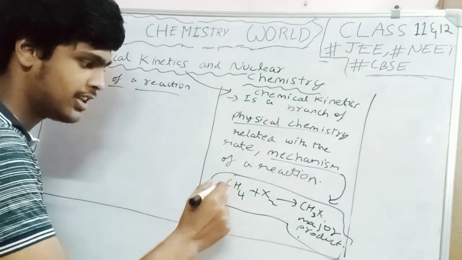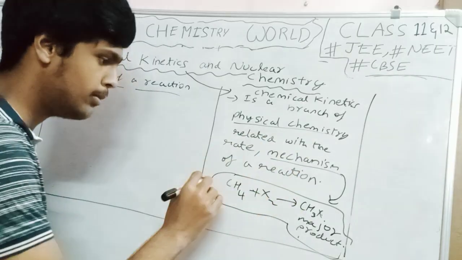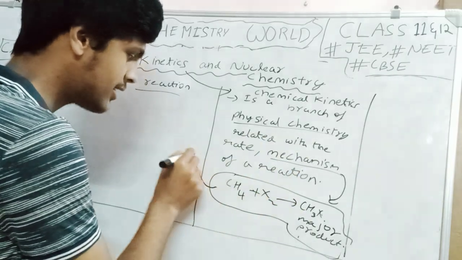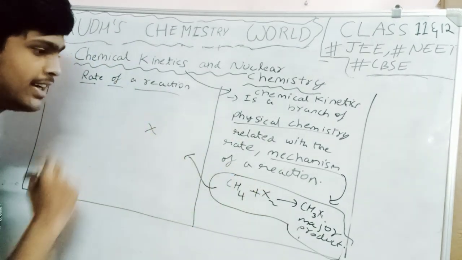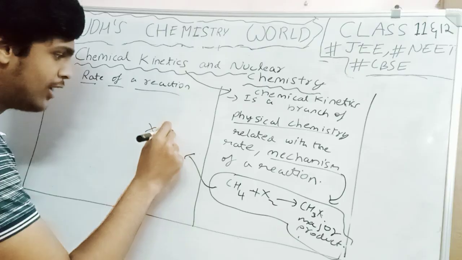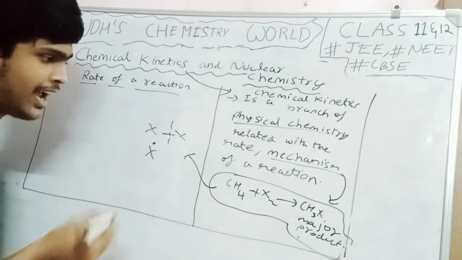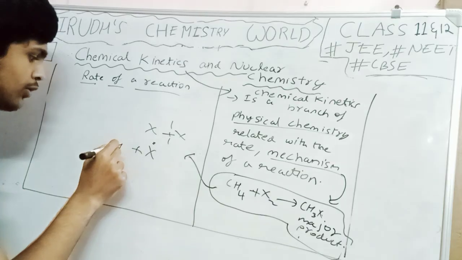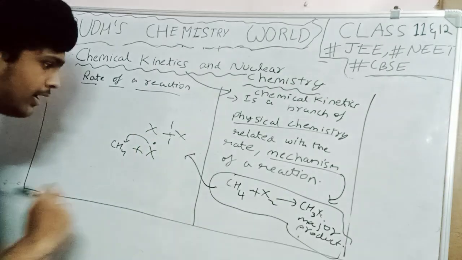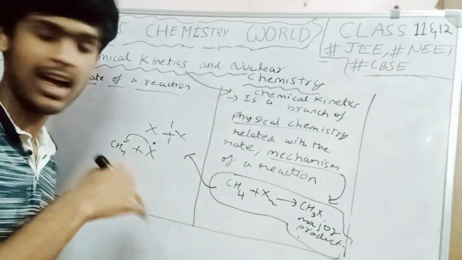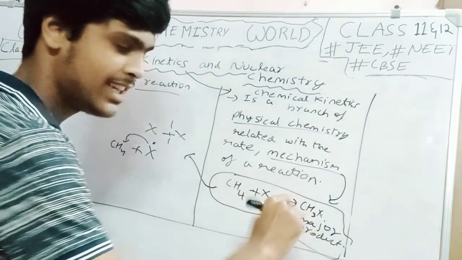Mechanism is nothing but, see, this reaction CH4 plus X2 gives CH3X. The mechanism behind this means the internal processing of the reaction: the halogen X breaks and forms a free radical, and it reacts with CH4 such that it replaces one hydrogen, and the internal reaction occurs like this.